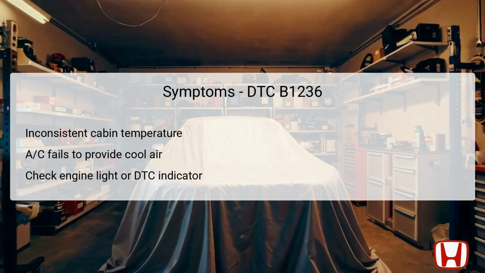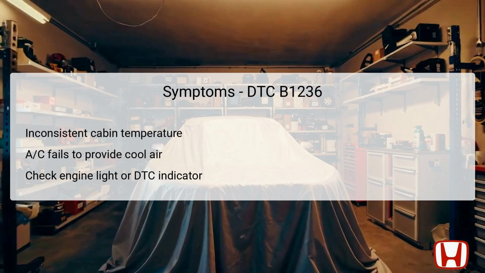Additionally, the air conditioning system may fail to deliver cool air, which can be particularly bothersome during hot weather. The warning indicator, such as a check engine light or DTC indicator on the dashboard, is a direct signal to the driver that a malfunction is present. It is crucial to recognize these symptoms early on, as they can enhance diagnostics and lead to quicker resolution of the underlying issue.